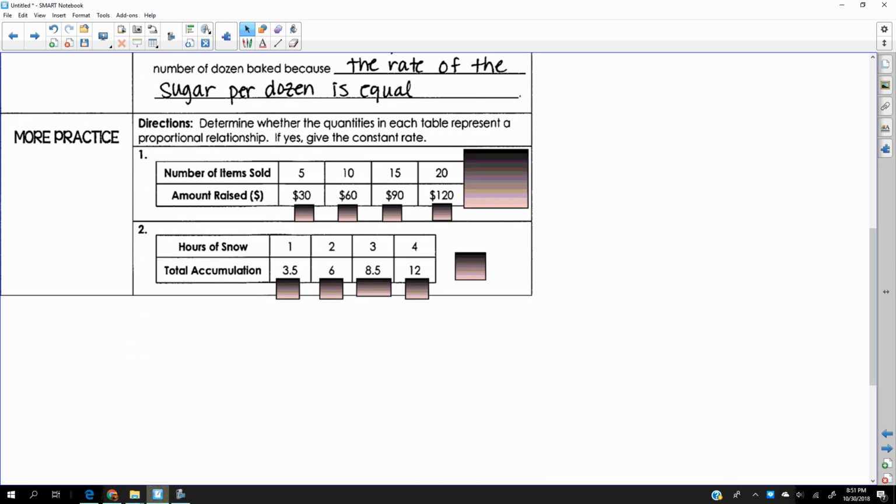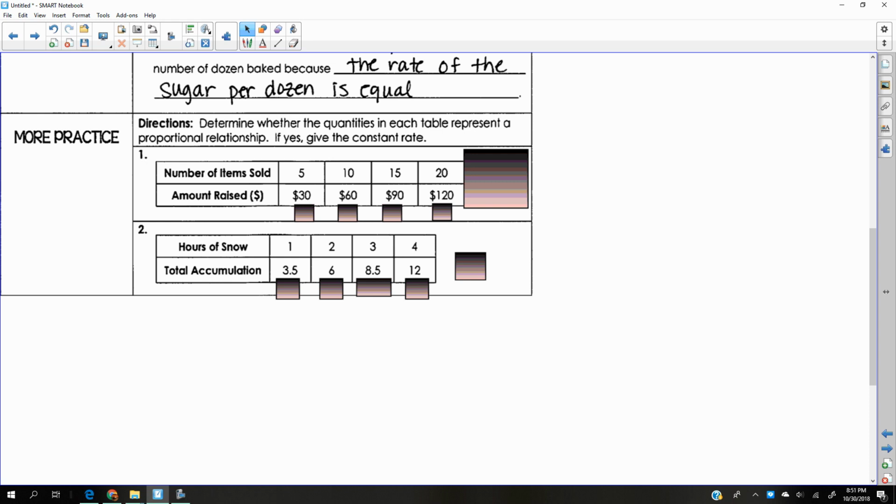Here we're going to determine whether the quantities in each table represent a proportional relationship. And if it is, we have to give it a rate. Here we have the number of items sold and the amount raised.